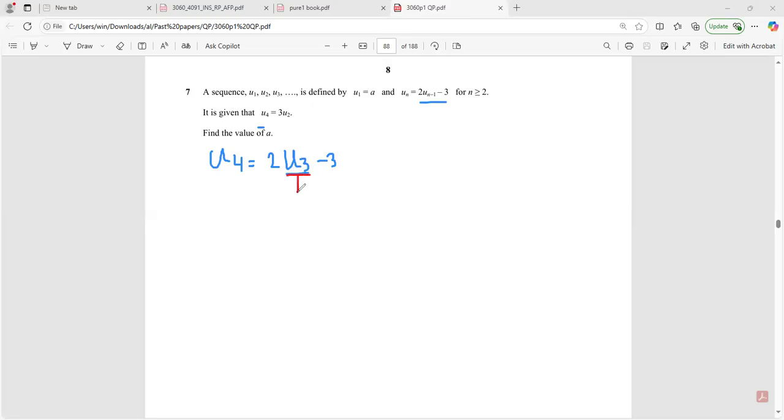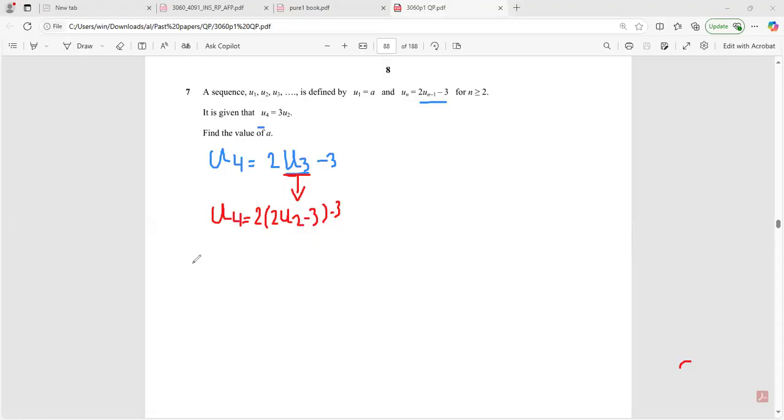And the U3 here will be equal to 2 multiplied by the second term minus 3. That is the third term. So we can say that the fourth term, U4, will be equal to 2 multiplied by, open bracket, 2 second term minus 3, close bracket, then minus 3.